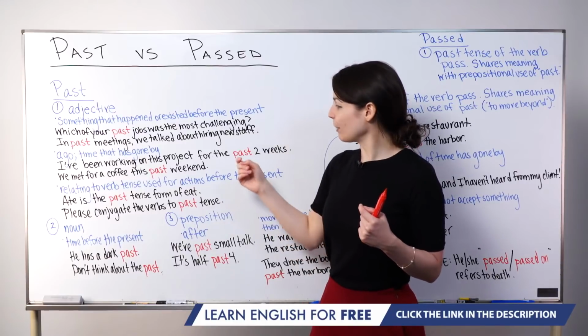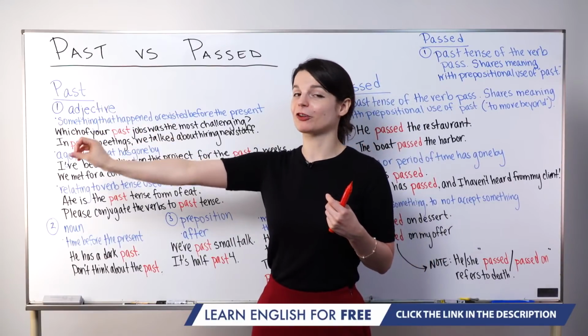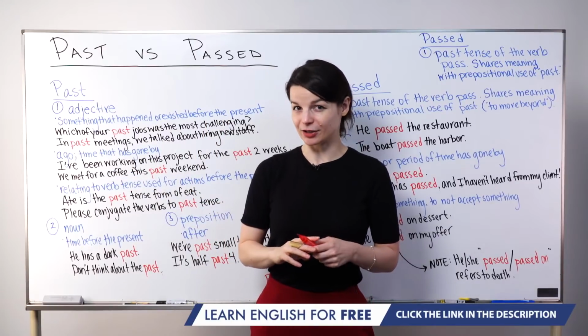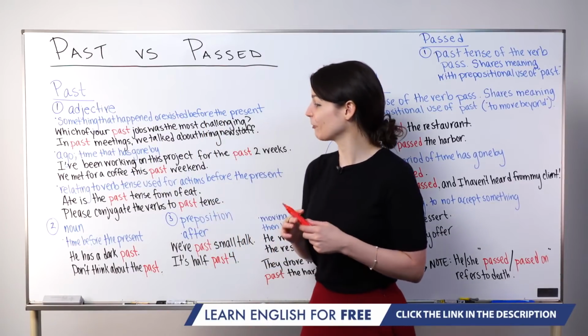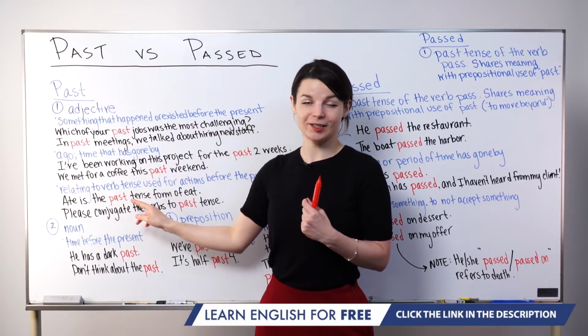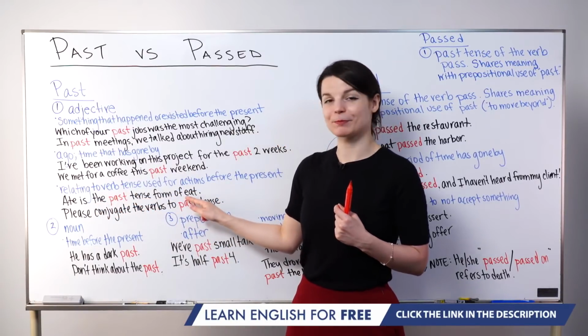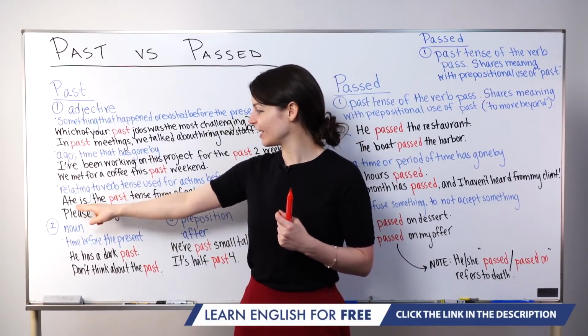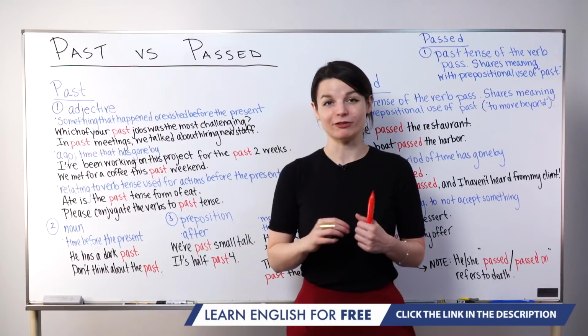We also use past to talk about the verb tense we use to explain past actions or past existence. For example, ate is the past tense form of eat. So the verb eat in past tense is ate.